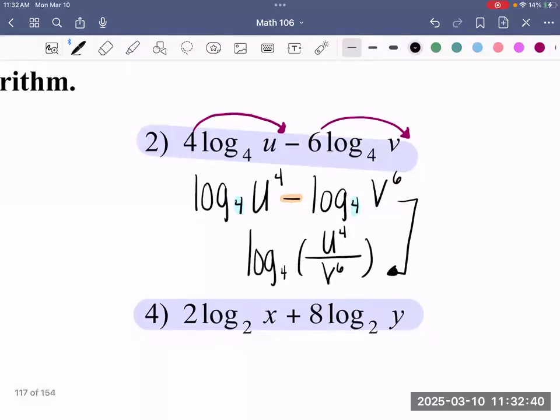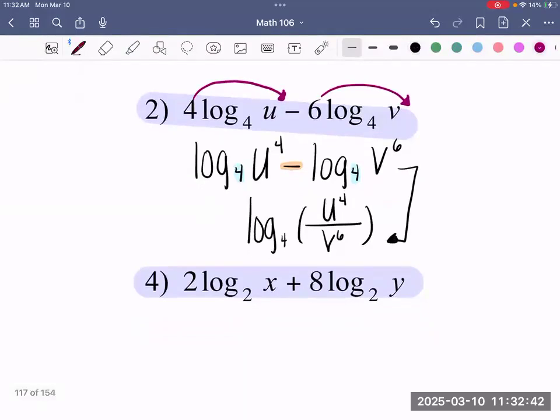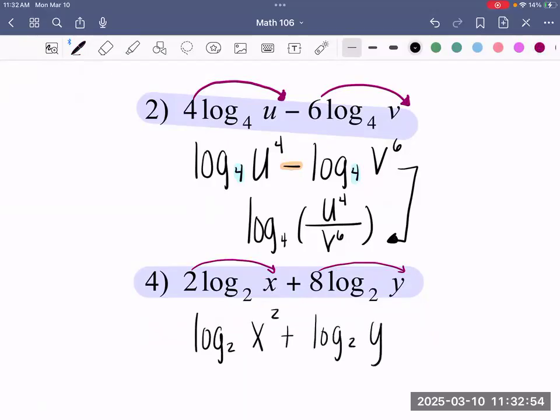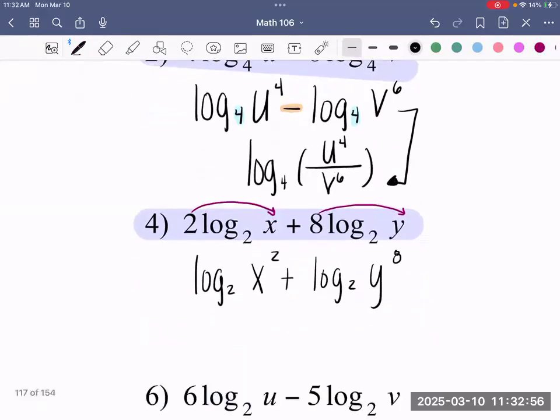Let's try it again with number 4. We have 2 that can come up, 8 that can come up. So we have log base 2 of x squared plus log base 2 of y to the 8th. Again, these are the same exact base, so these are like terms. So we're going to write one of these logarithms.